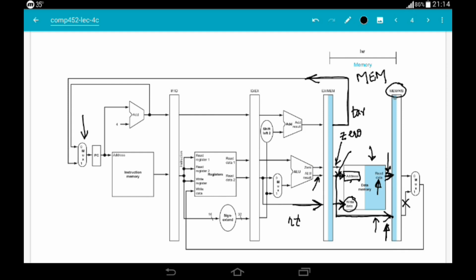All right, so now you can see that the left half of this memWB pipeline register is shaded, so it means that data is being written to this pipeline register.